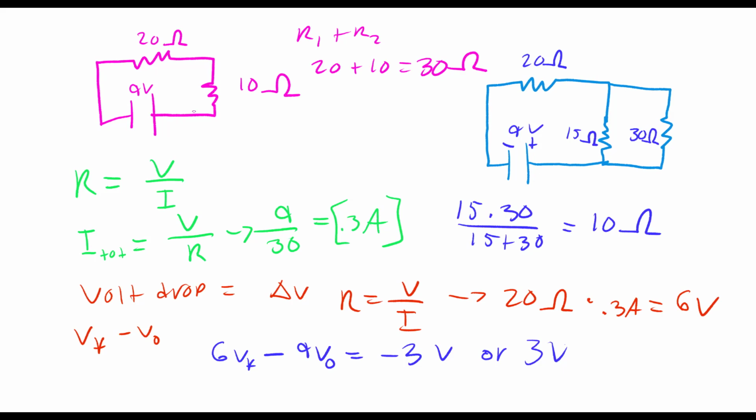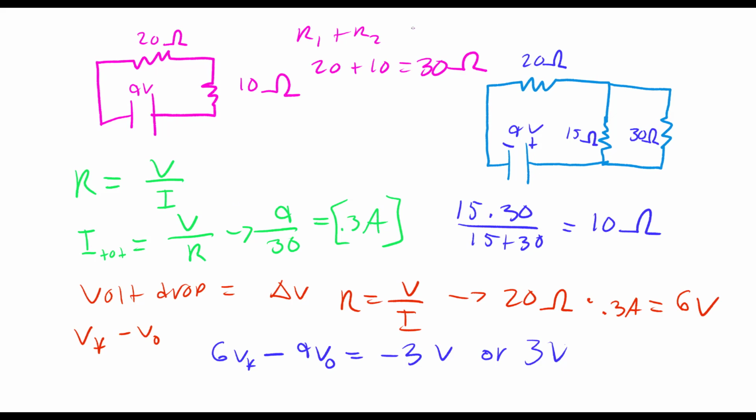Alright? And then you want to be able to solve for the whole current of the circuit. To do that, we just use Ohm's law, which is R is equal to V divided by I. We solve for I. So we have 9 volts divided by 30 ohms, which gives us 0.3 amps.